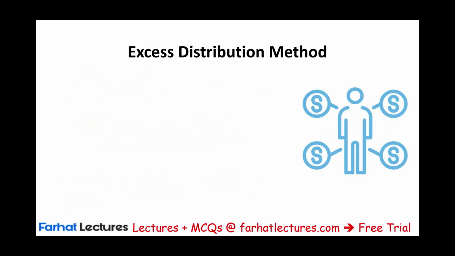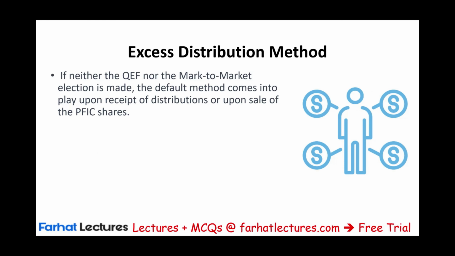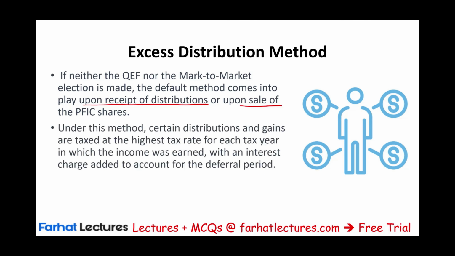So let's assume you did not choose the first two methods, the QEF nor the M2M, mark-to-market method. The default method comes into play upon the receipt of distribution or the sale of your shares. Under this method, the gains and the distribution are taxed at the highest tax rate for each tax year in which the income was earned. So they say this is the highest tax rate for that year, you'll be taxed on that.